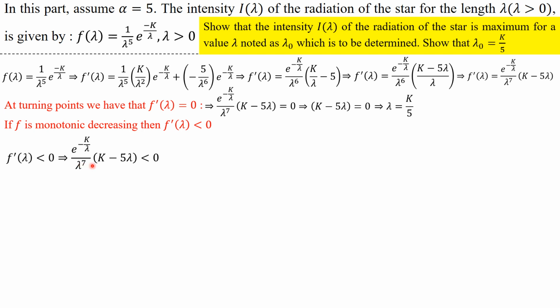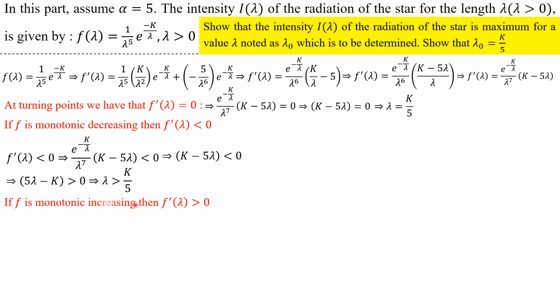So if we want to yield a negative result by multiplying this positive function with another function, then this function must be negative. So solving this inequality is equivalent to solving k minus 5 lambda less than 0. We can divide all through by the negative sign. We get 5 lambda minus k greater than 0. So it means lambda is greater than k divided by 5.